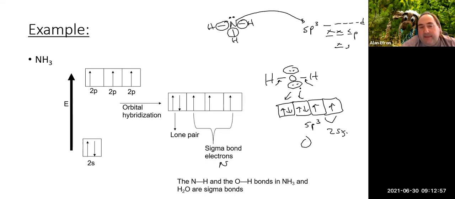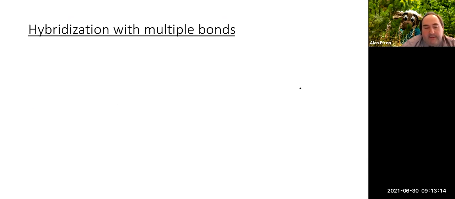But what happens if we get to something that contains a double bond or a triple bond? What happens to form those types of bonds? Let's talk about what happens in that case.